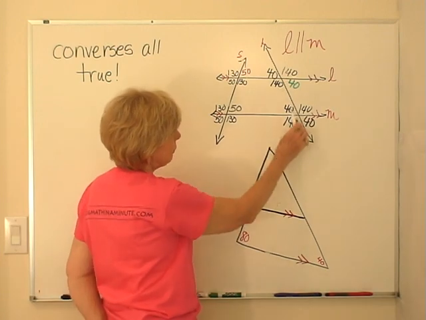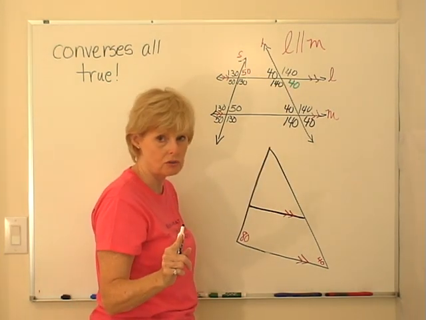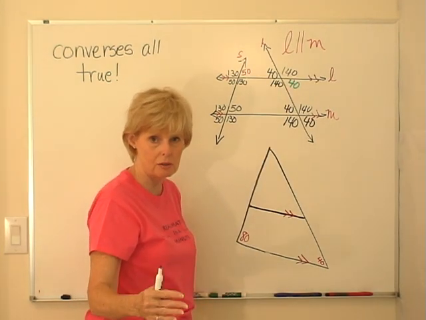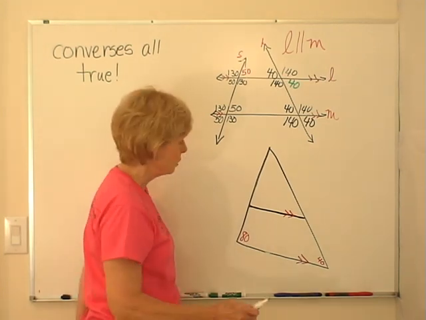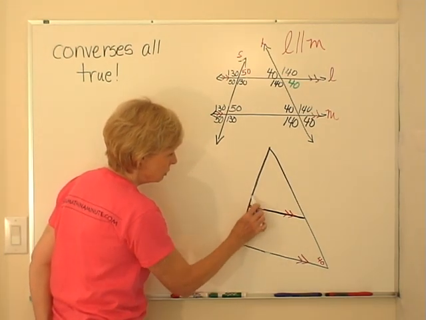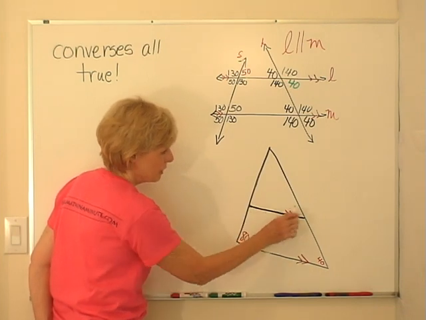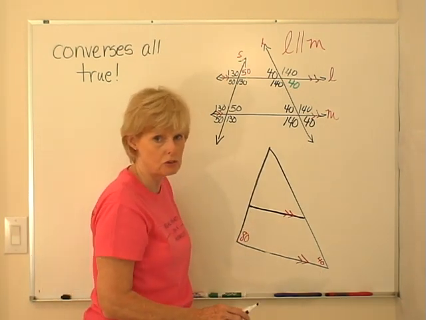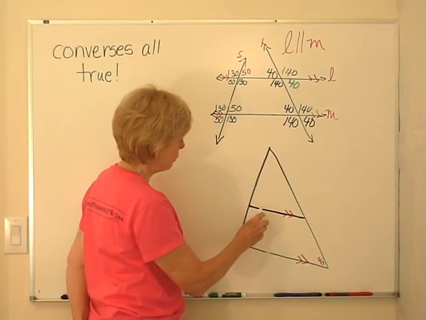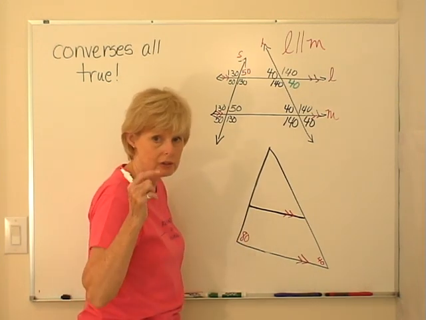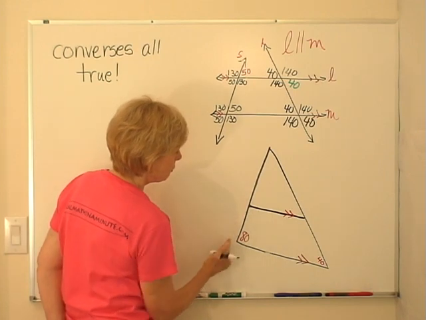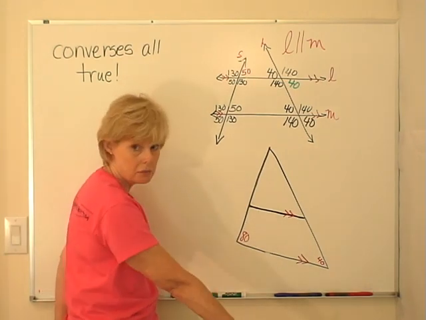Remember what I said, run up and down the same transversal to apply your theorems and look for your corresponding angles. So I'm not going to look at these angles here. This one and this one have nothing to do with those at this point. I'm just looking at parallel lines and the one transversal and going up and down it. Then I'll get over there in a minute.